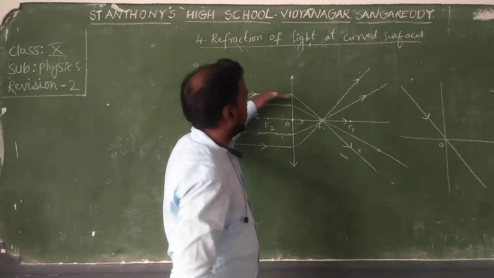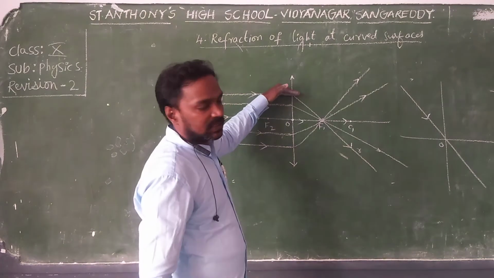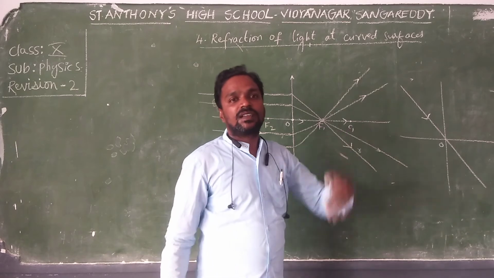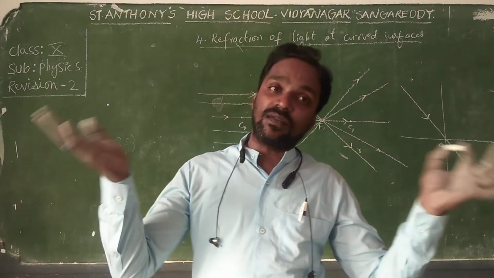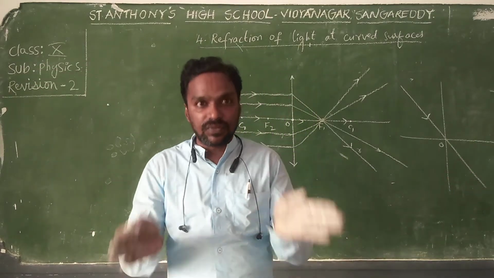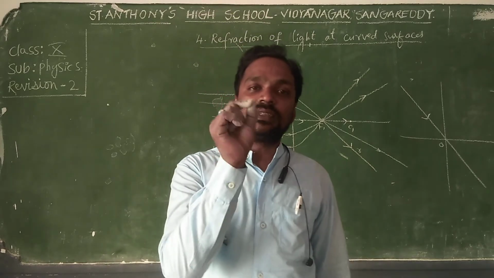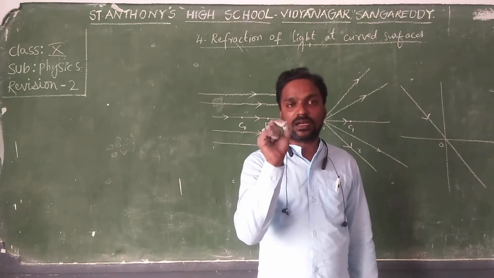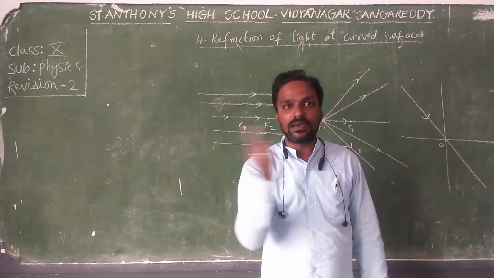After hitting the lens, it will bend towards the principal axis and meet at the focus. And in the other case, they will go away from each other as if they are coming from one point source, the principal focus, measured perpendicularly, not horizontally.